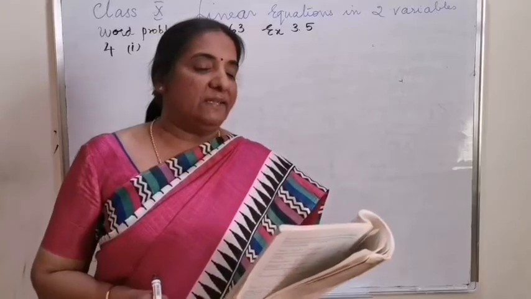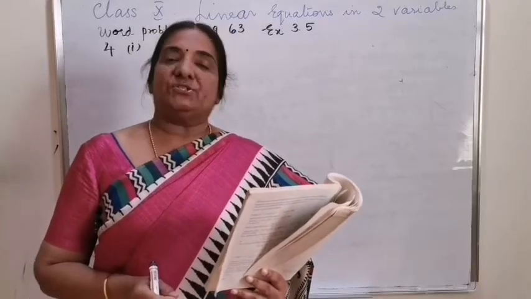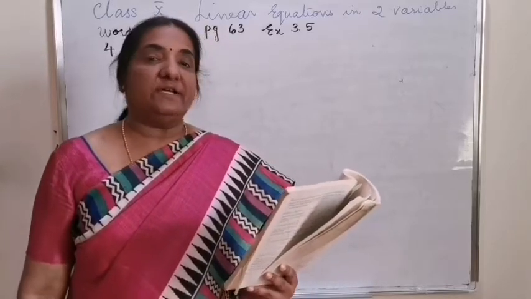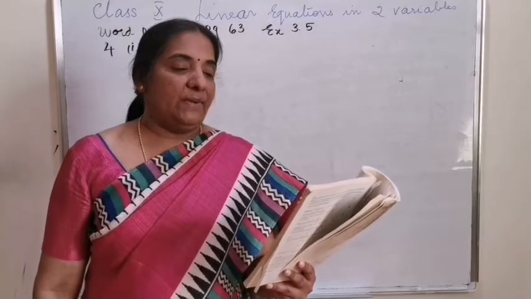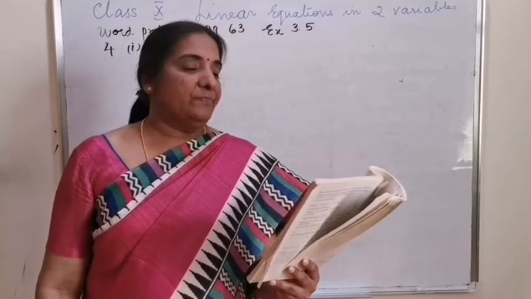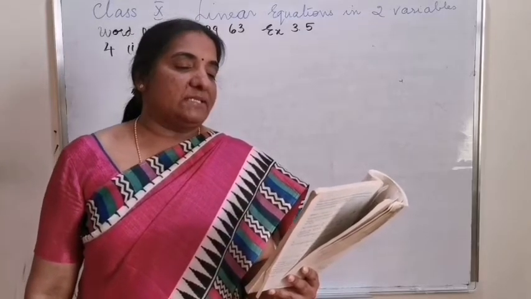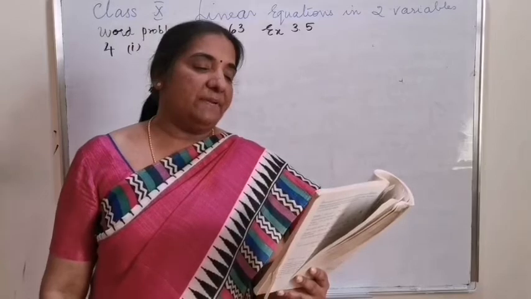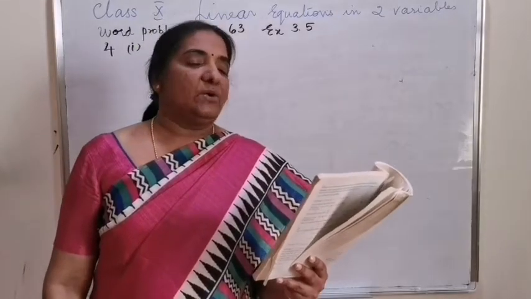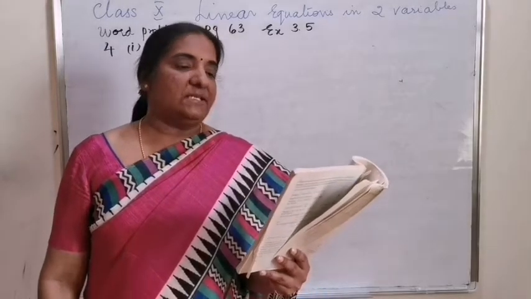A part of monthly hostel charges is fixed and the remaining depends on the number of days one has taken food in the mess. When a student A takes food for 20 days, she pays rupees 1000 as hostel charges, whereas a student B who takes food for 26 days pays rupees 1180 as hostel charges.